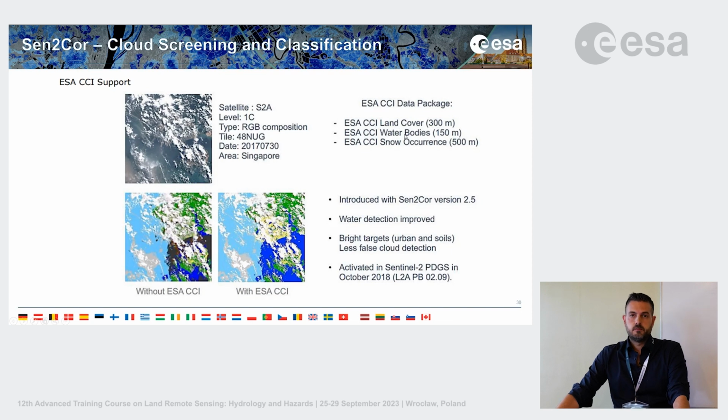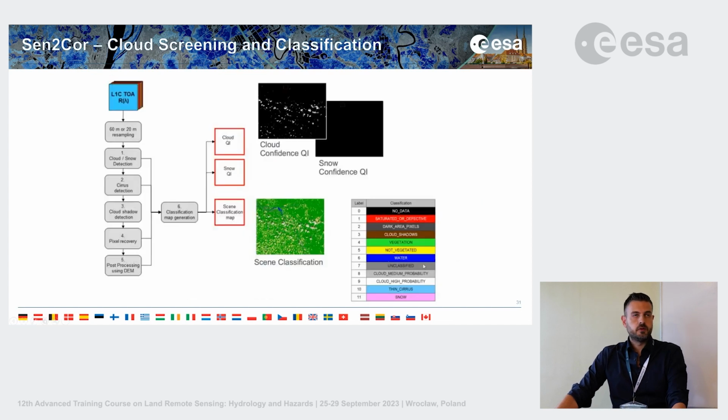Then the resampling, because if you use Sentinel-2 and Landsat, you have different spatial resolution, and if you want to compare and apply the same processing to both images, you need to resample to the same spatial resolution. For the resampling in SNAP, we have three methods: nearest neighbor, bilinear interpolation, and cubic convolution.